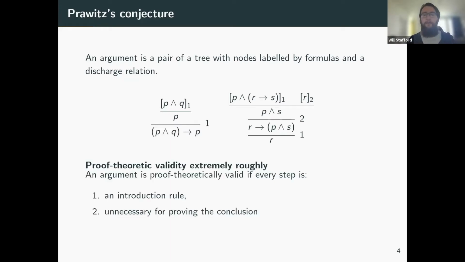And this gives us an extremely rough first blush of proof-theoretic validity, where we can say that an argument is valid if every one of its steps is either an introduction rule for the intuitionistic logic, or is one where we have dealt with assumptions that turn out to be unnecessary for proving the conclusion.